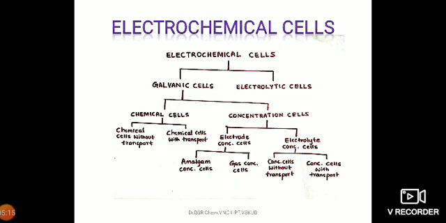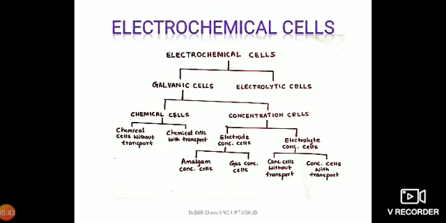For example, if you are using a hydrogen electrode, hydrogen gas at the anode as well as hydrogen gas at the cathode. Electrolyte is HCl, in the cathode also it is HCl. So same materials are there, but at the anode hydrogen gas is maintained at 1 atmospheric pressure, whereas at the cathode it is maintained at 5 atmospheric pressure. So there will be a difference in the concentration of gas. That's why these are called gas electrode concentration cells.